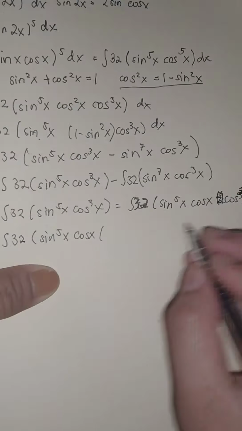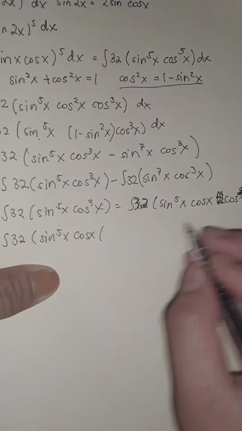Now we have to find the integration of this. We set u as sine x, and the derivative of u with respect to x is cosine x dx. There should always be dx in the end; we should not forget this. So dx is equal to du over cosine x.